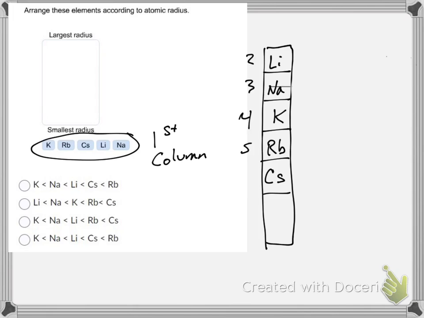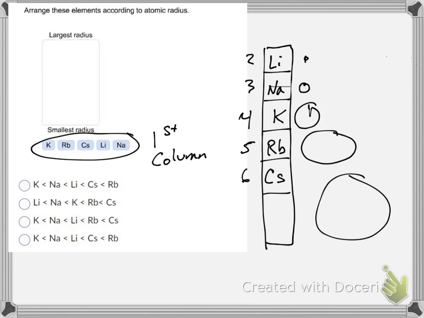We know we're adding shells because we're going down rows, so each row represents a new shell. And when we do that, this is the clearest increase in size with atoms, because we're adding another layer, the electrons are farther out, and they get bigger. So I try to use size representation here, with cesium kind of being the biggest. As you go down a column, the outer shells get farther away from the nucleus, and they are bigger.